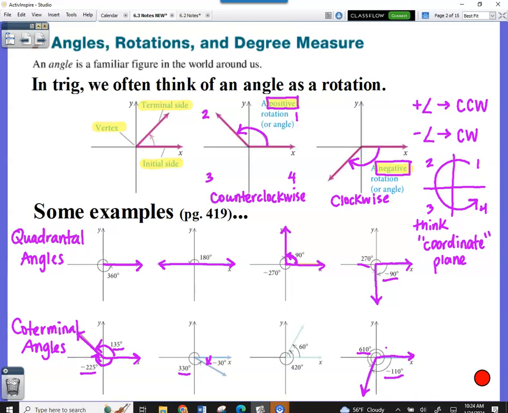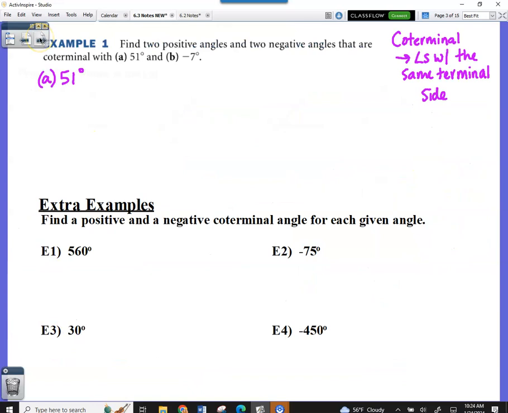Or you can go subtract or addition. So you can either do a full rotation, 360 added on, and then you'd have another angle, or you can do a full rotation subtracting and you land in the same spot. So the difference between coterminal angles is always a full rotation, which is what number? You just said it, 360.